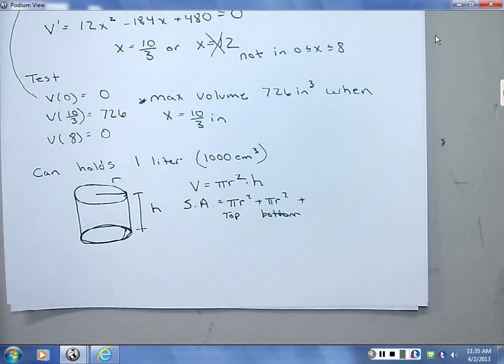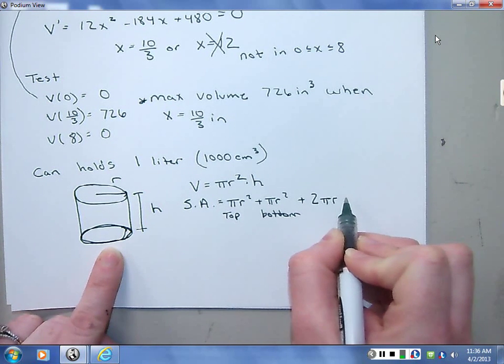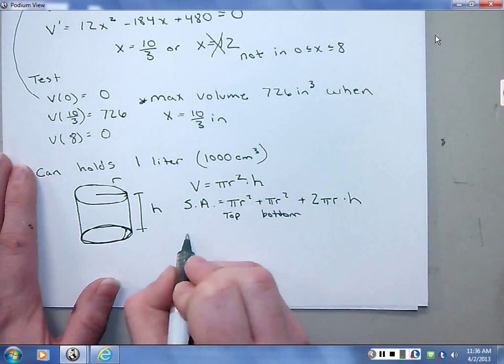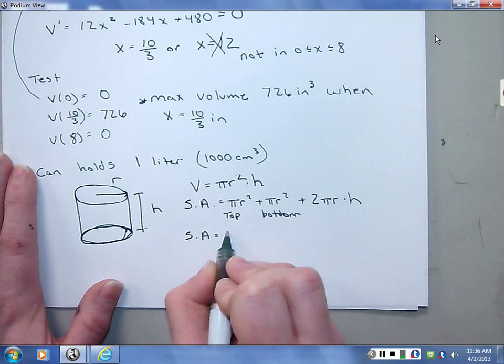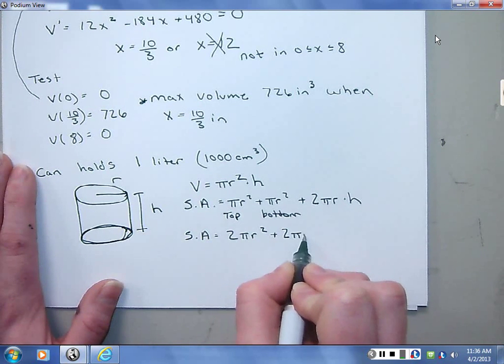So now if I put this into a circle, this length is the circumference of a circle, right, times the height. So what is the circumference of a circle? 2 pi r times h. So the surface area can be written as 2 pi r squared plus 2 pi r h.